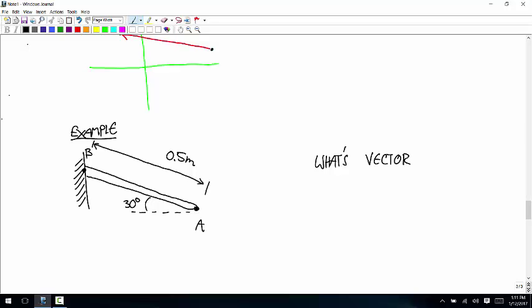What's the vector to the point B from the point A? And then let's also do the opposite. What's the vector to the point A from B?